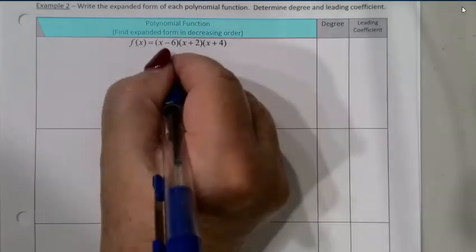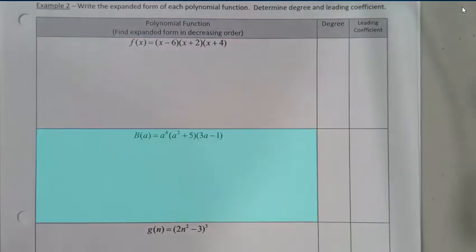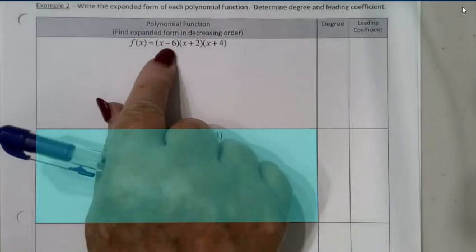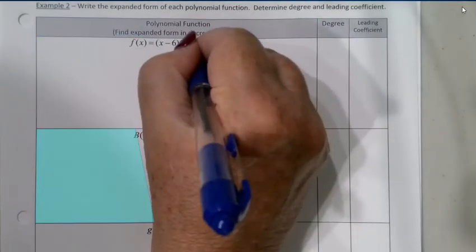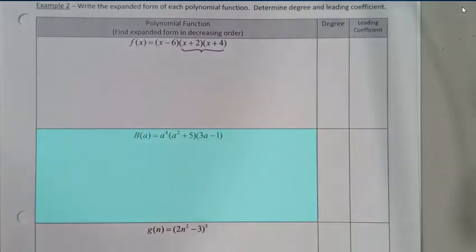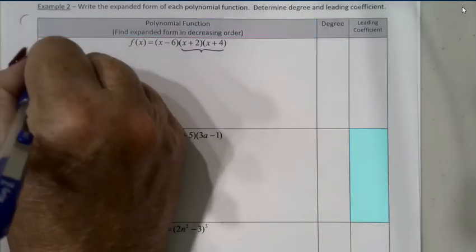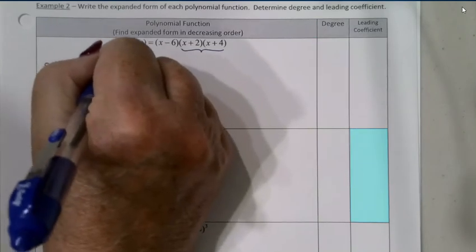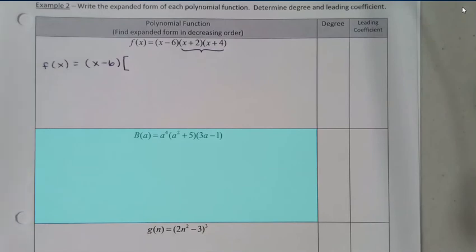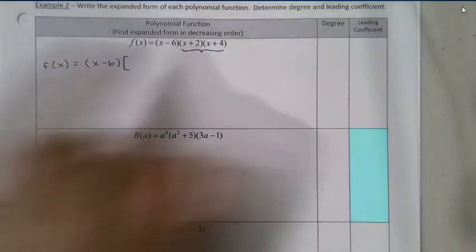All right, so this time I have 3 factors multiplied together. What I typically will do is just kind of keep one of them aside. I'm just going to keep the x minus 6 the way it is for now, and start by multiplying the other 2. And then I'm just using brackets to emphasize this is where I'm going to do this multiplication.